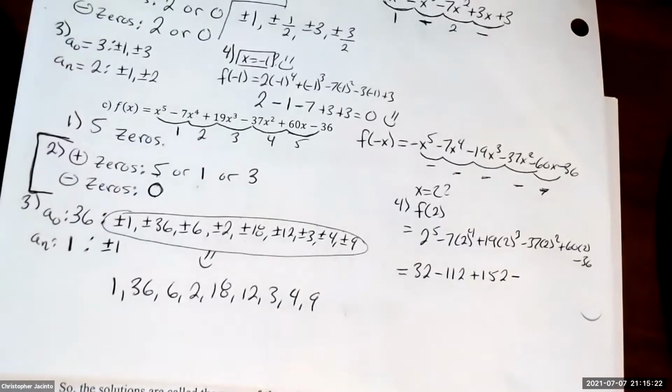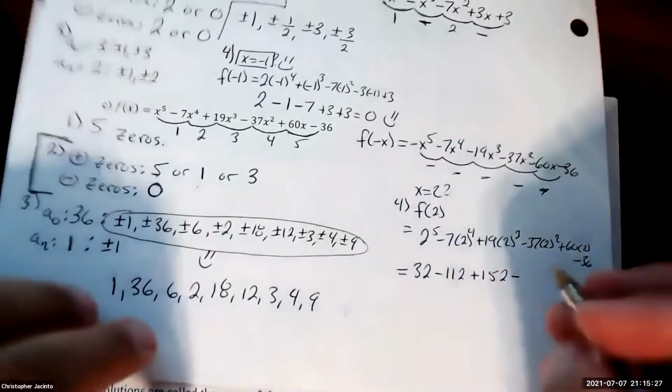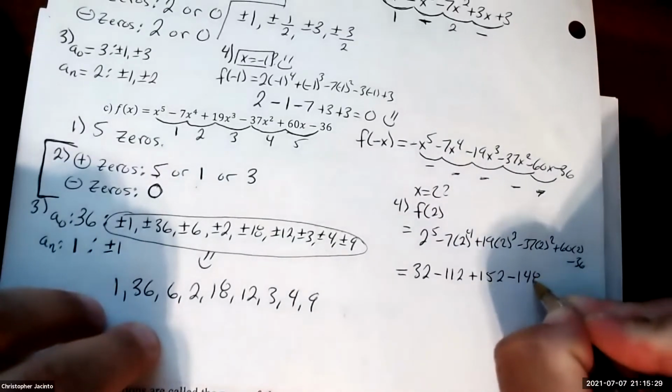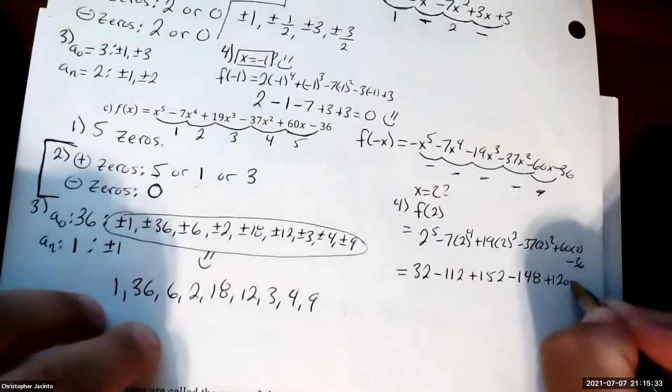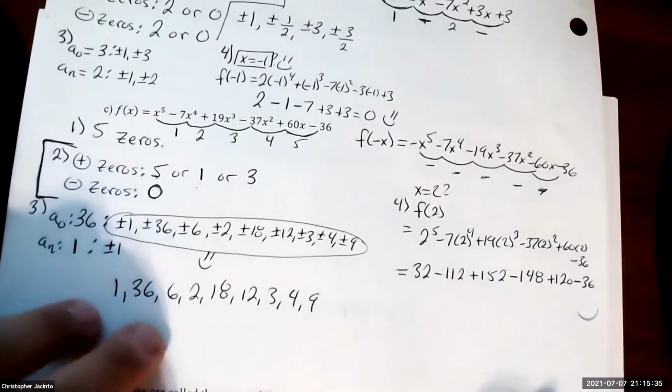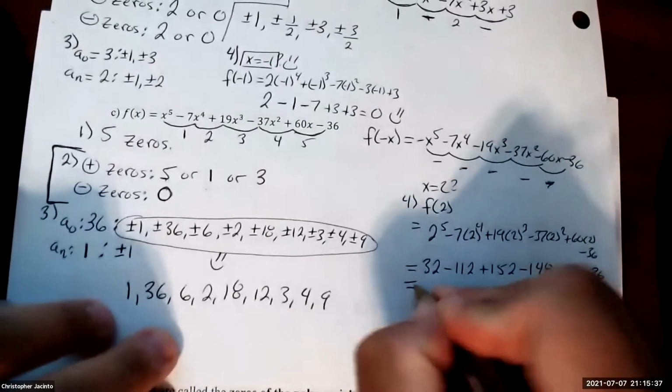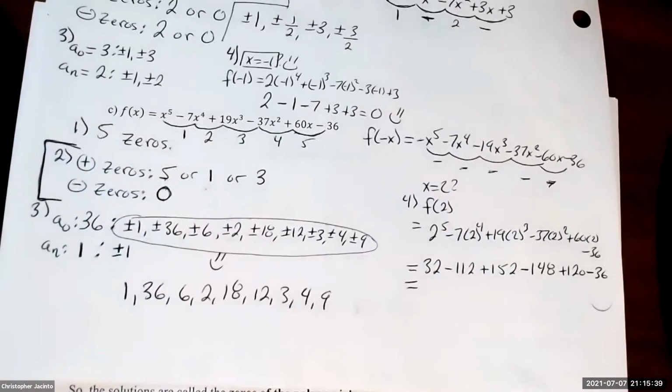Minus 4 times 37 is 148. Plus that's 120 minus 36. All right, let's see what we get when we add and subtract all this. So 32 minus this.